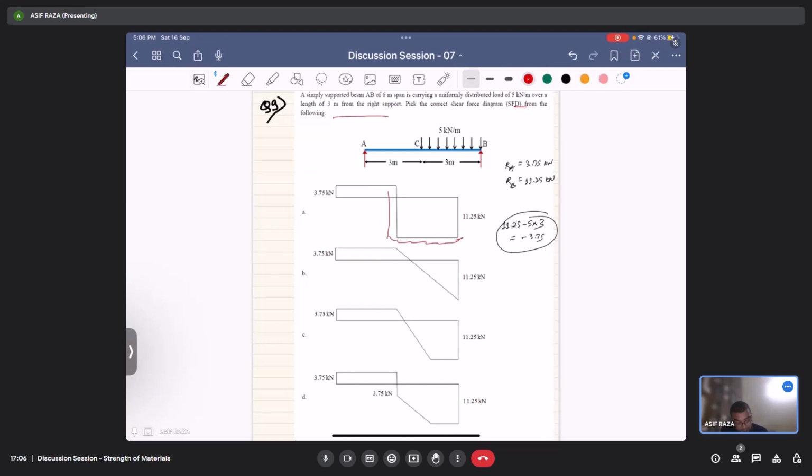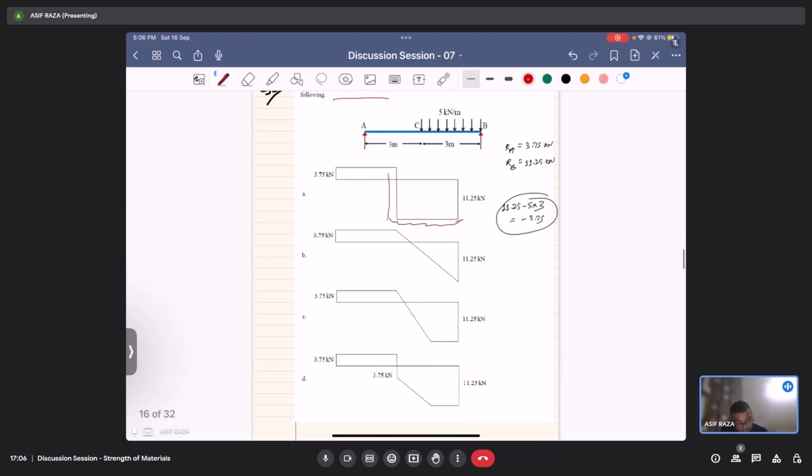Now if you see option C, there's a constant part here. This implies that there isn't any force here. This is the reaction force, then there is no force here, then again there's a UDL acting on this, and that is not the case here.